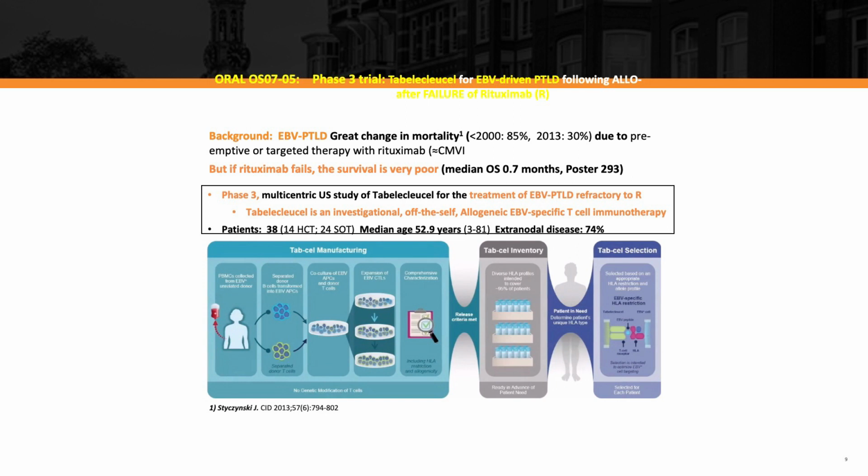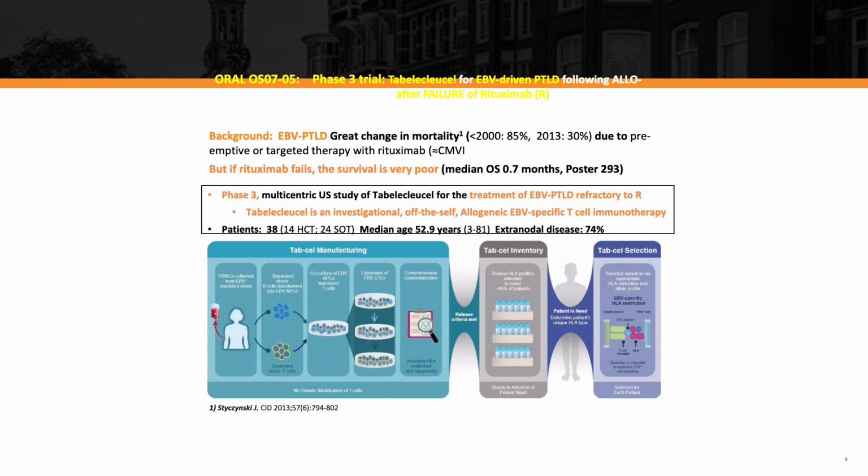This is a phase 3 multicentric American study of this product, tabelecleucel, which is difficult to pronounce, for the treatment of these cases of EBV PTLD refractory to rituximab. This product is an investigational off-the-shelf allogeneic EBV-specific T-cell immunotherapy.